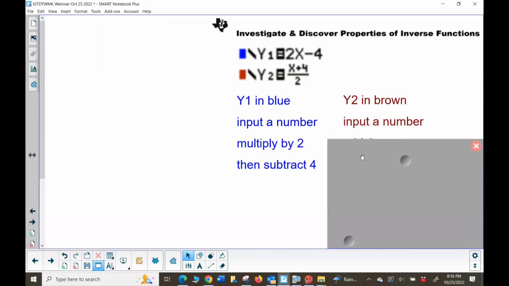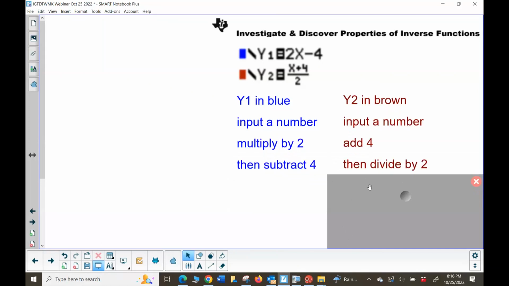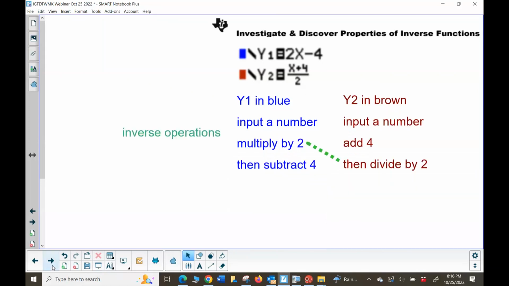The first thing I'm going to do is add 4 to it, and then divide by 2 according to the order of operations. And so what you'll notice is these two right here, multiply by 2, divide by 2, are inverse operations. Add 4, subtract 4, inverse operations. And notice that they're done in inverse or reverse order.